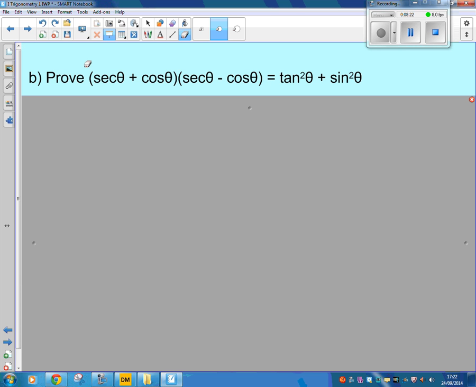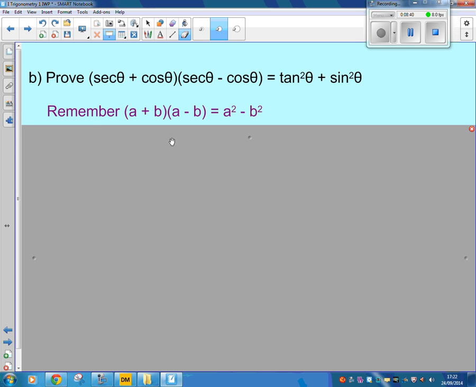This time you've got a multiplication of a part in brackets and another part in brackets equaling tan squared plus sine squared. So let's just look at this left-hand side, and if you've got two brackets being multiplied together, then let's actually multiply them out. But to do this, remember, a plus b times a minus b is a squared minus b squared, difference of two squares.